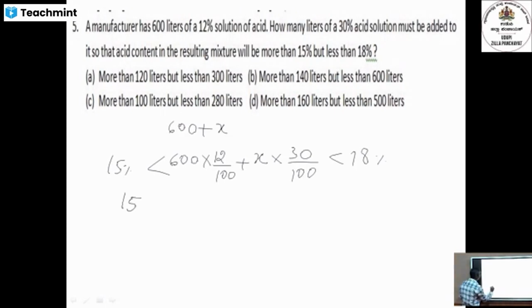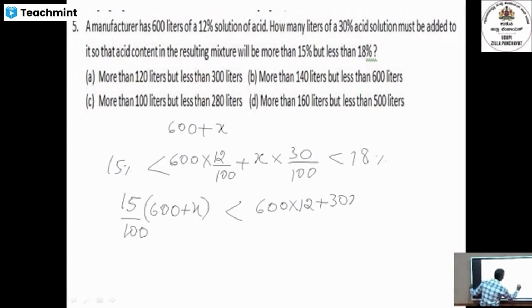That is 15 by 100 into 600 plus x is less than 600 into 12 plus 30x divided by 100, less than 18 by 100 into 600 plus x. So 100 is a common denominator, it cancels.